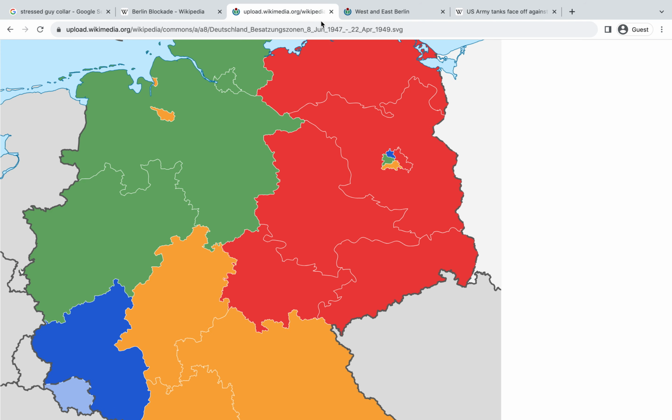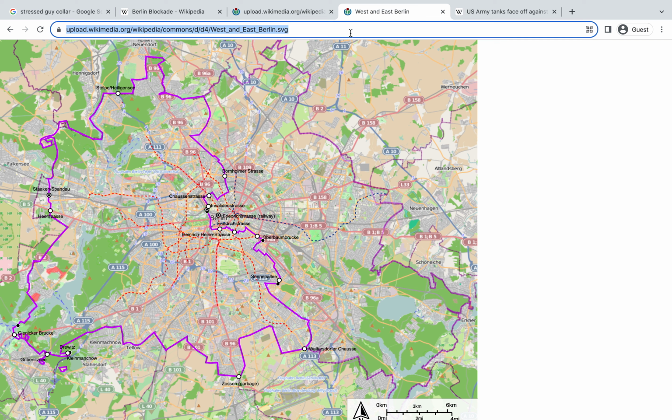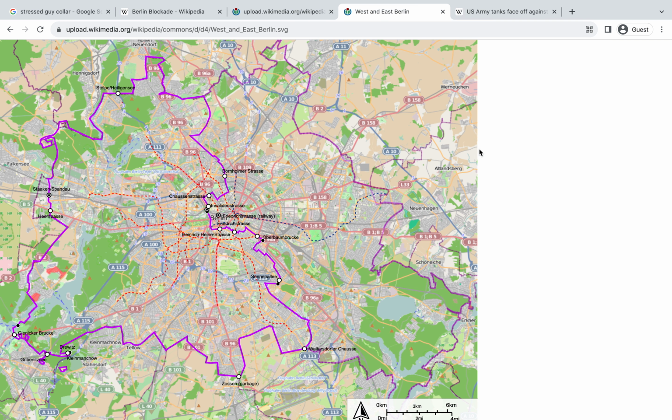Oh, and I shouldn't forget to mention, I cannot believe I almost just glossed over this. After the incident at Checkpoint Charlie, Nikita Khrushchev built a wall, not himself, but the Soviets built a wall that separated East and West Berlin so that no one could cross over.